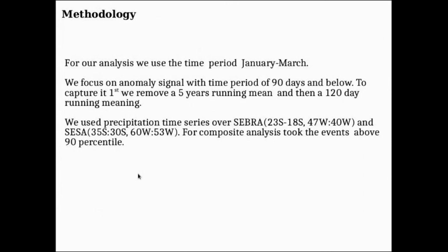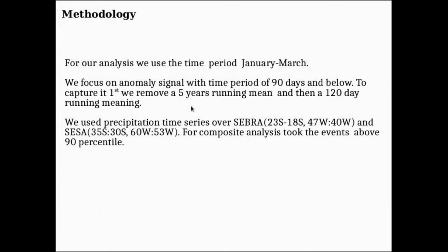As we are focusing on the intraseasonal time scale, we try to keep the time cycle of a 90-day period, like below 90 days, which is more of the MJO time scale.